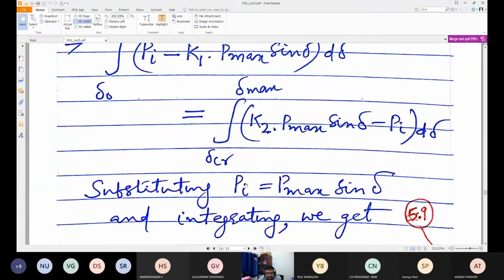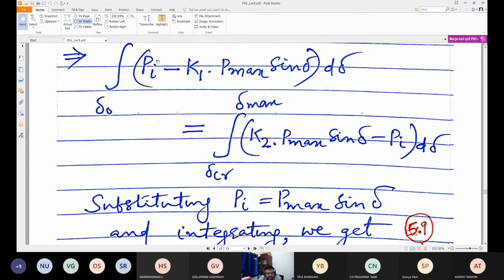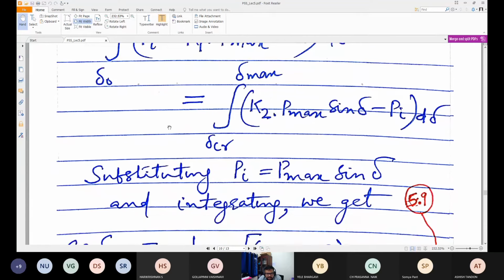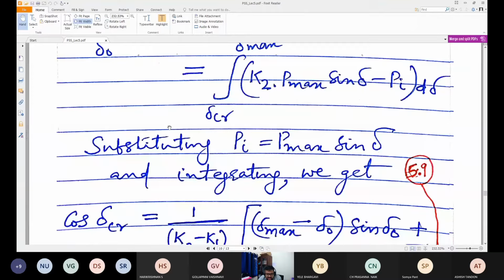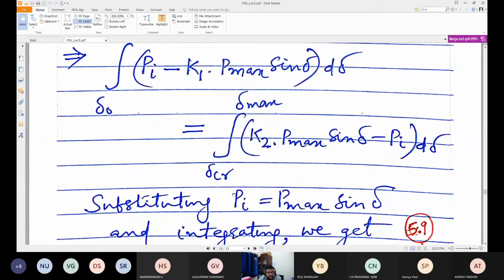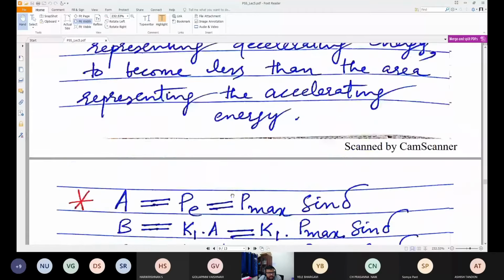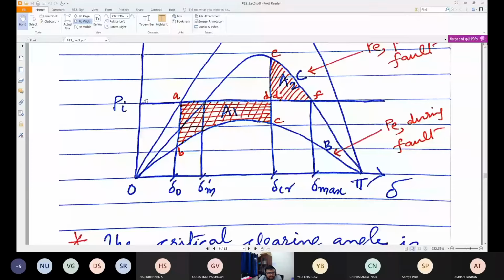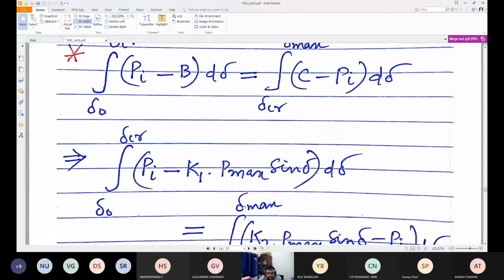Now here Pi is not P max sine del, it's P max sine del naught. This is the initial operating point Pi, because initially we have Pi equal PM equals Pe naught, which corresponds to del naught, which is equal to P max sine del naught. So we are going to substitute that.